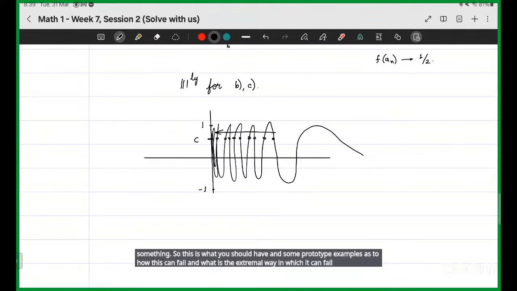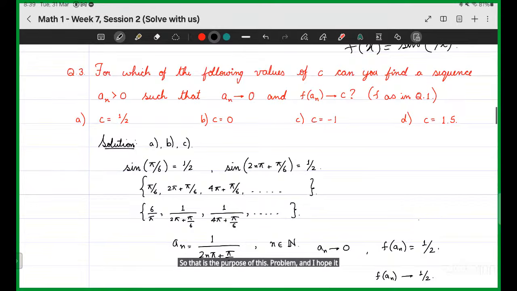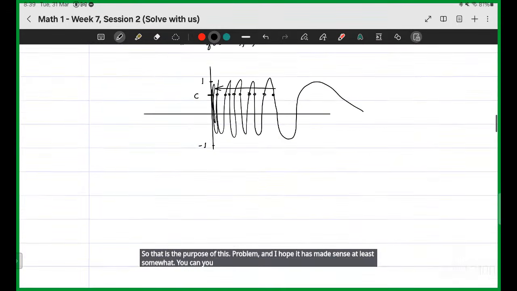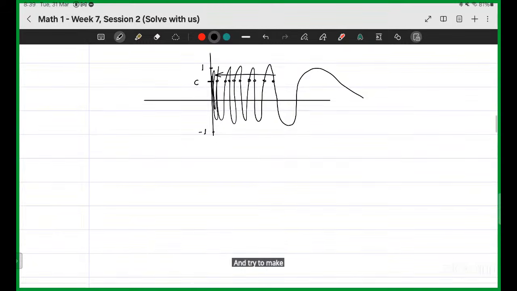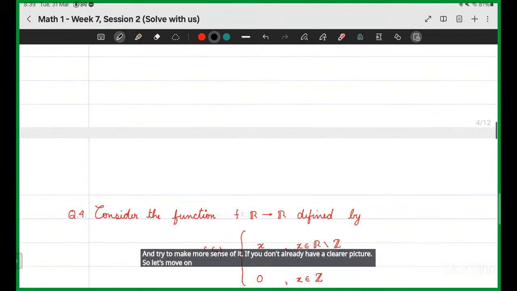If you have this in your mind, there will be a lot more clarity for everything. That is the purpose of this problem, and I hope it has made sense at least somewhat. You can go back and take a look at this again and try to make more sense of it if you don't already have a clearer picture. So let's move on to the next question.